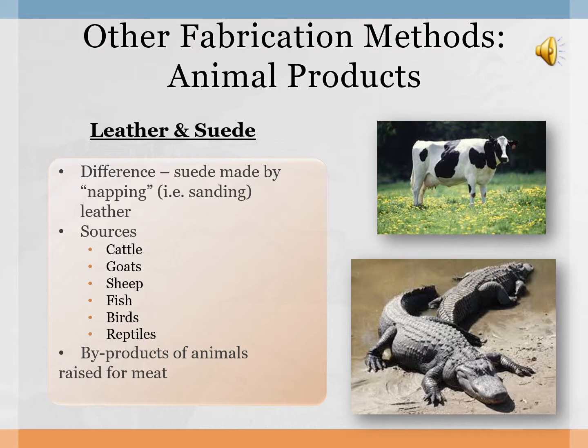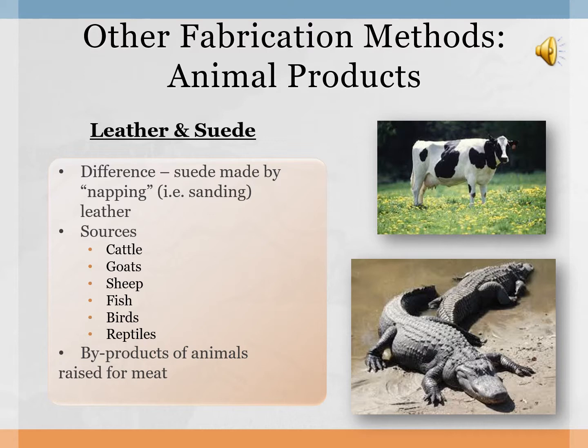Finally, for other fabrication methods, we have animal products. And this is where we're talking about real or natural leather, suede, and fur. So first off, we're going to look at leather and suede, which come from the same source. The difference is that suede is made by napping or sanding the leather.